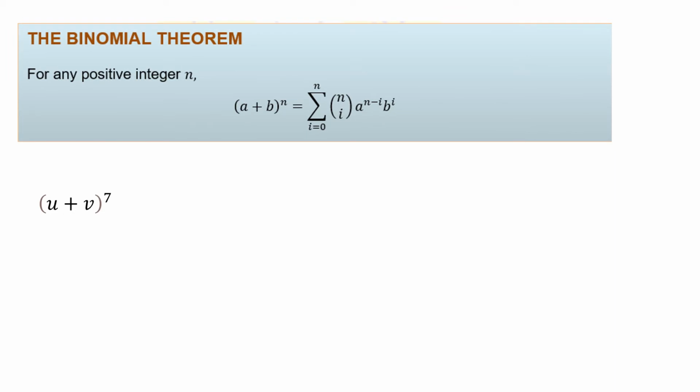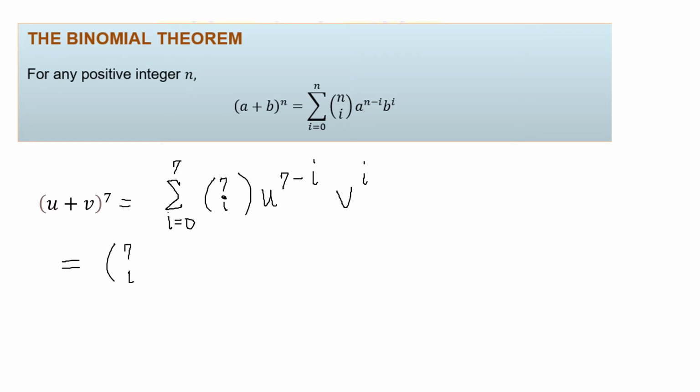Let us now use the formula. So we have the summation of 7 taken i times u raised to 7 minus i times v raised to i, where i starts from 0 to 7. And this will now be 7.